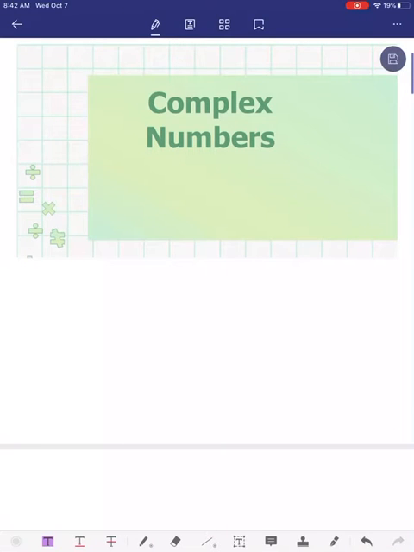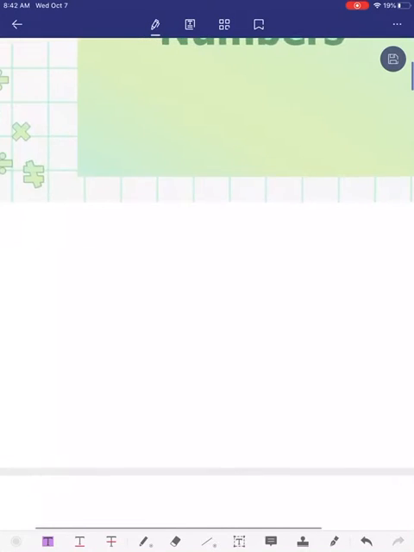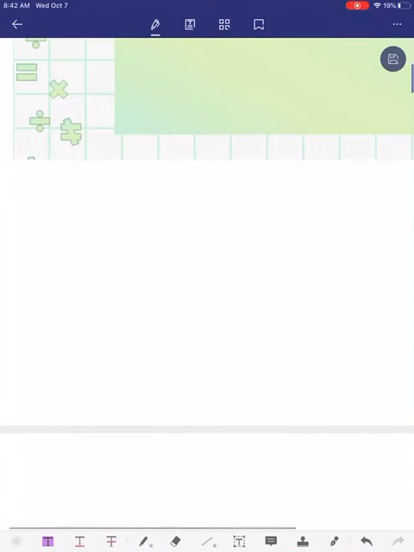So up until now, we've talked about some different types of numbers, but they have all been in the real number set.